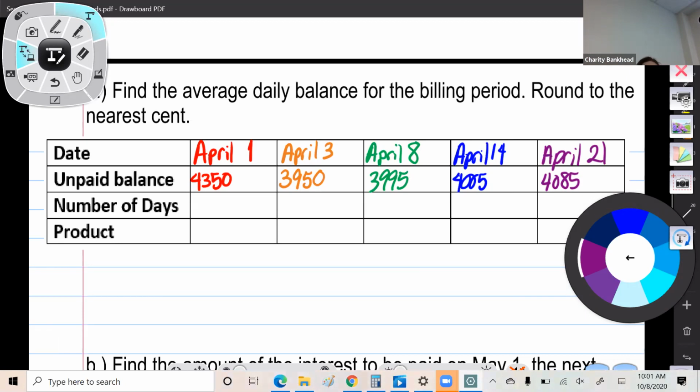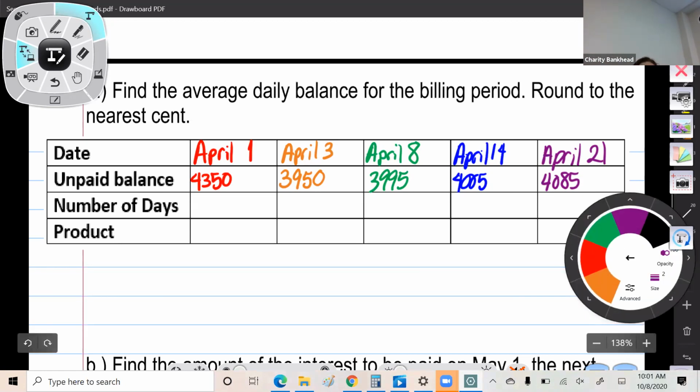Okay, so then I'm going to look at the number of days that the balance was equal to that amount. So the balance was equal to $43.50 for 2 days, April 1st, April 2nd. And then the balance was equal to $39.50 for 5 days.